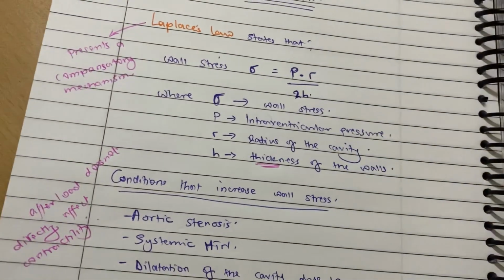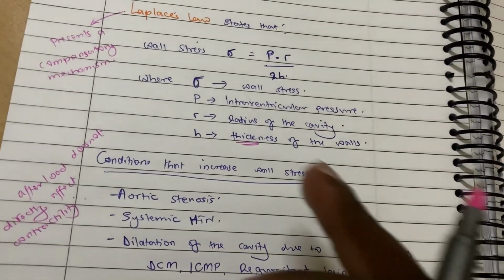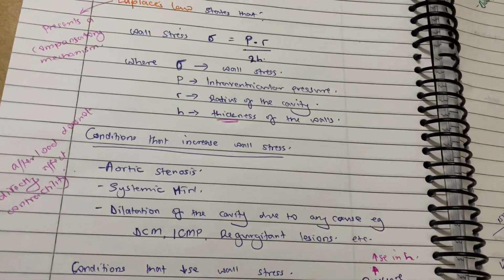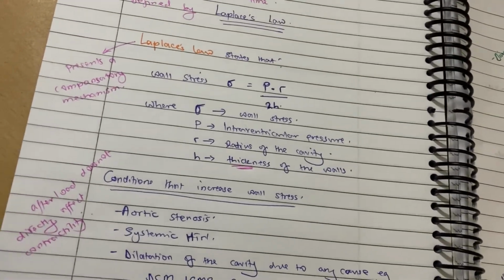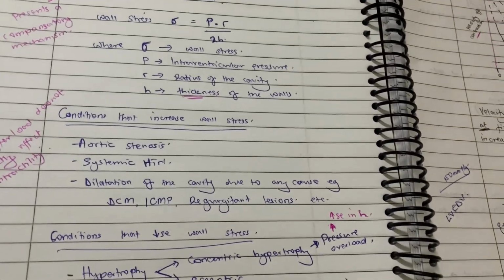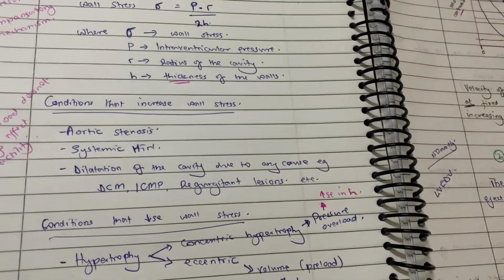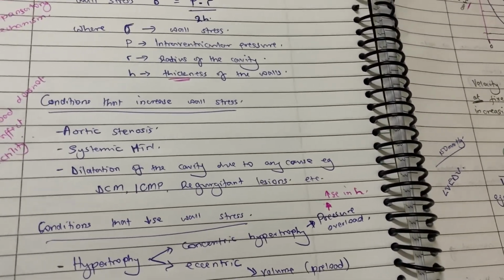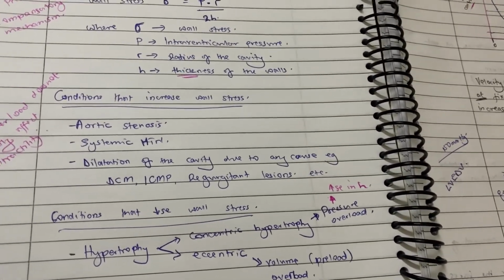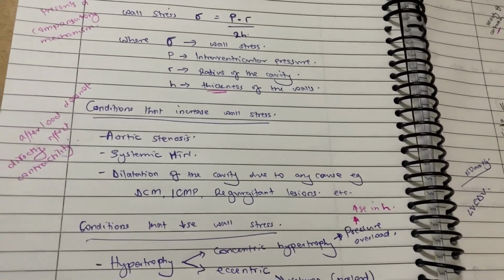If pressure is constant, then wall stress will decrease, because the pressure will be distributed over a large surface area. A larger muscle can generate a lot of force. But if you have a small muscle and put a lot of force on it, the force required has to be generated from a small surface area, so there is no distribution of work.